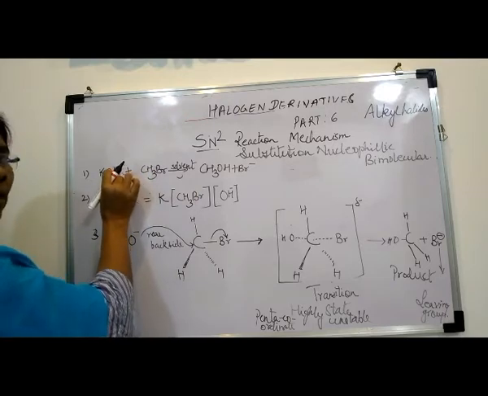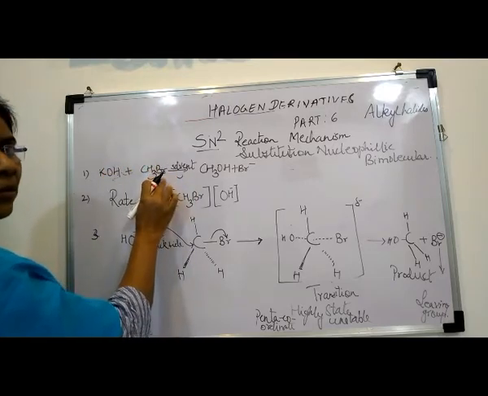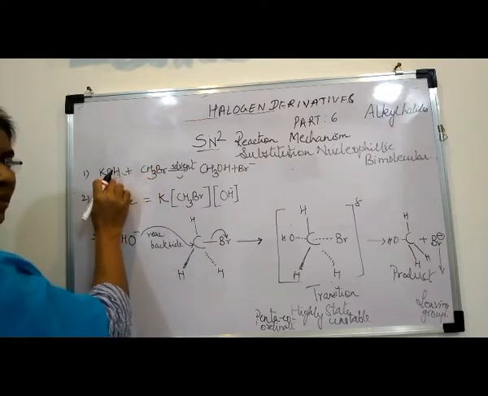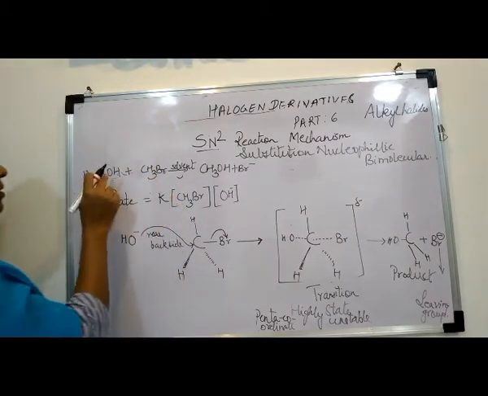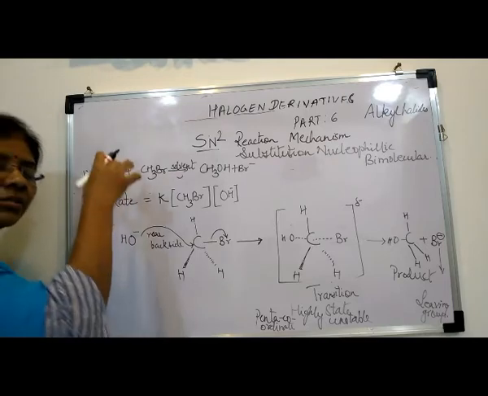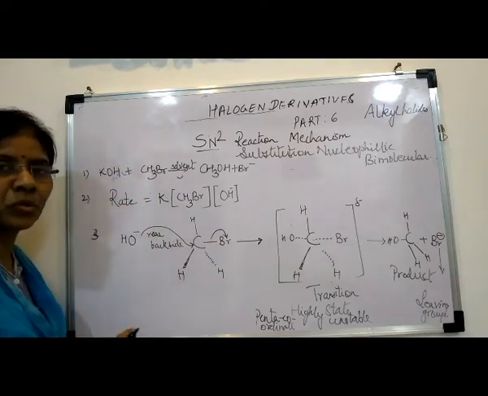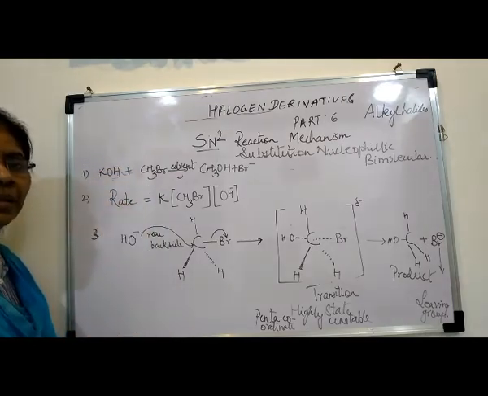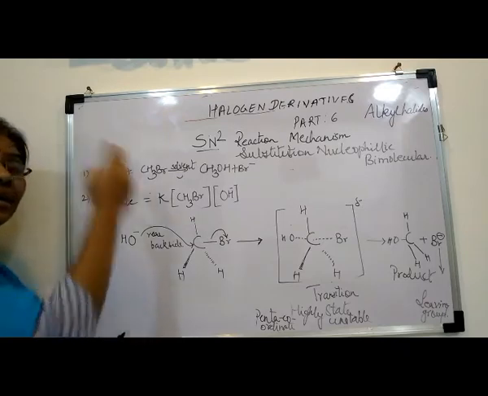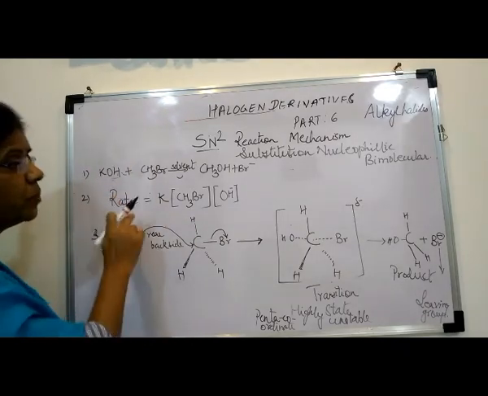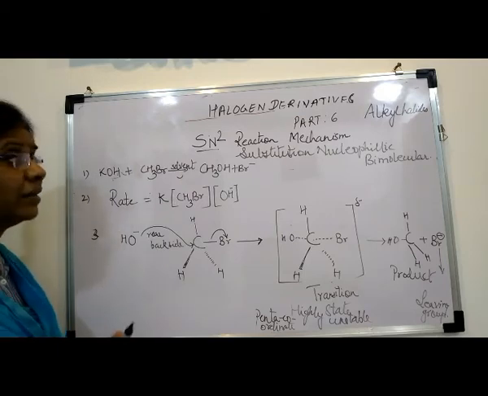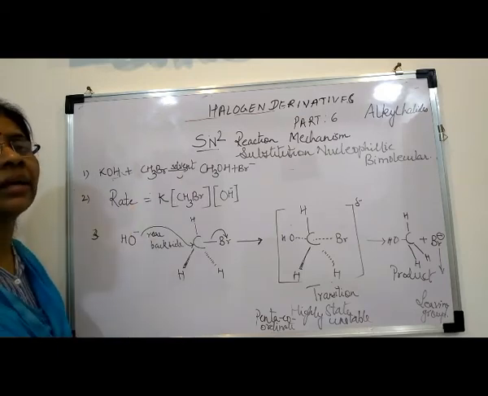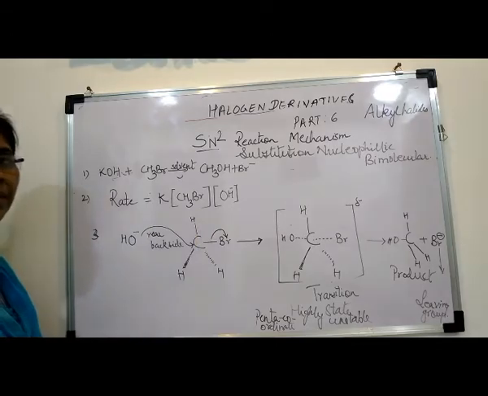One nucleophile is substituted by the other. But in this case, this is a weak nucleophile and this is a strong nucleophile. So what is a must for SN2, so that the nucleophile can be replaced, is that the attacking nucleophile should be stronger than the leaving nucleophile. Until and unless, you will not get this whole procedure.